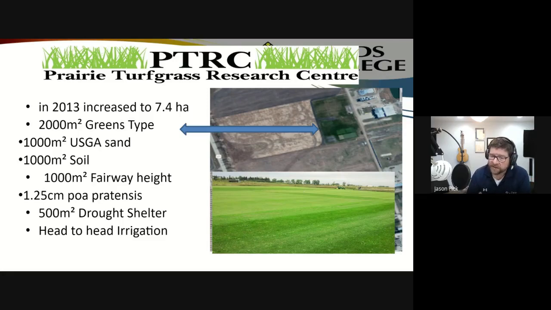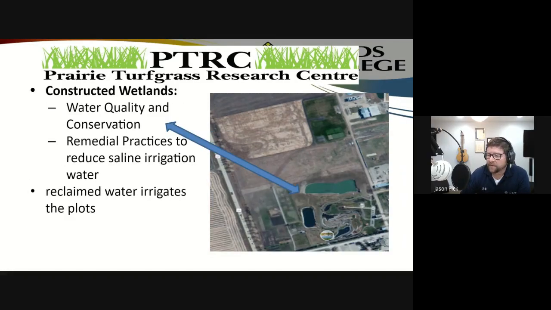Those are the most aggressive types of bent grasses blended together in another soil-based profile. So we've got what we hope to have, every different kind of growing type that you guys would experience on a golf course.